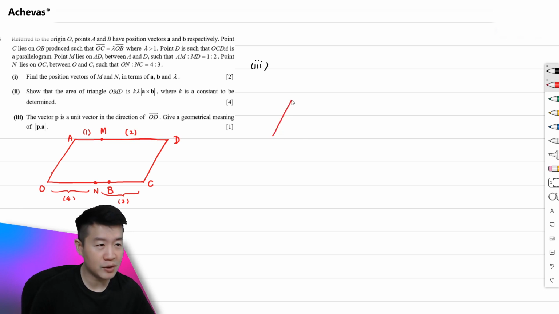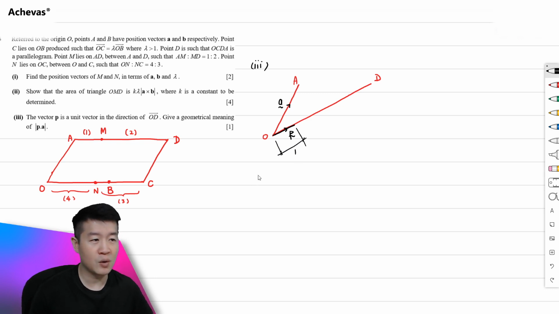So let's say I'm looking at OA, and we're also looking at OD. Let's say D is here, this point. This vector here is vector A. And we have P as a unit vector, so let's say it is this short little vector here. This is vector P. For this vector P, I know the magnitude is just going to be 1.